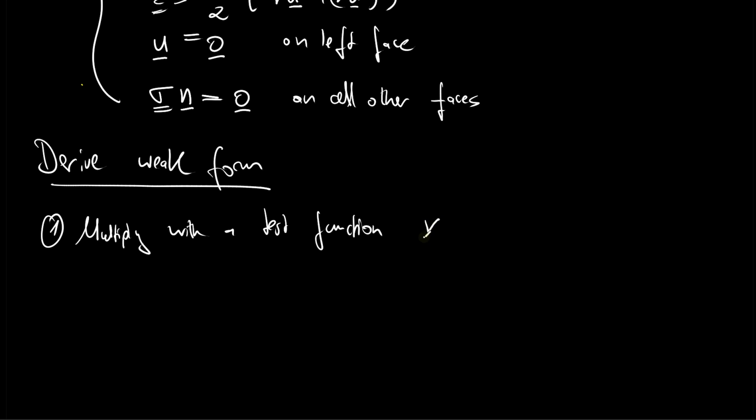And this test function will be a vector valued function, which is of the same type as the primary unknown. So it will be a 3D vector function, or let's call it maybe a vector field, such that it is similar to the displacement field, which was the primary unknown, which is the vector u. So don't confuse that u with v here.